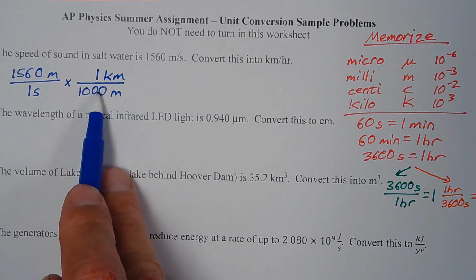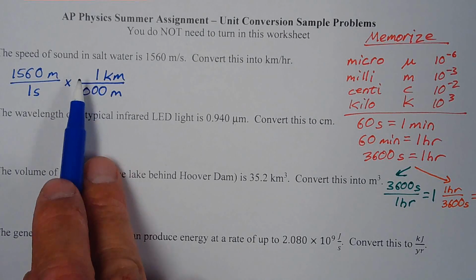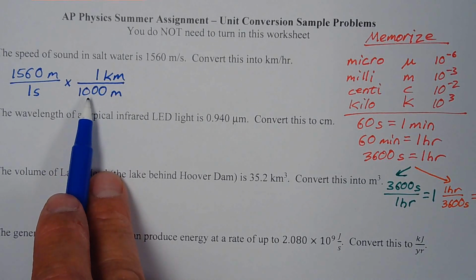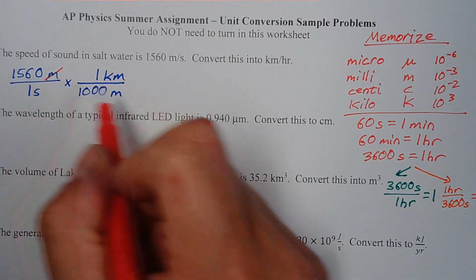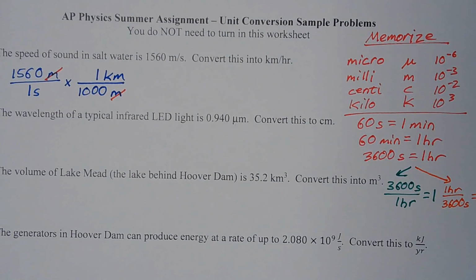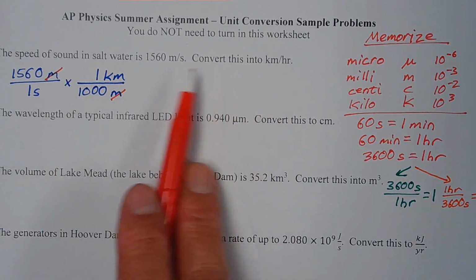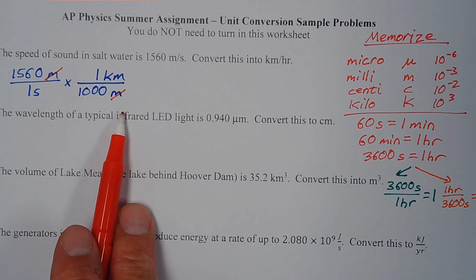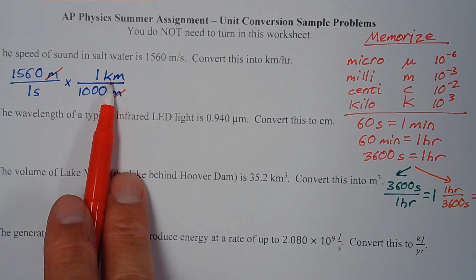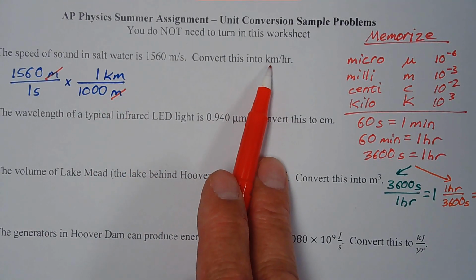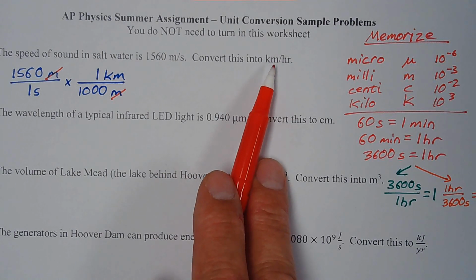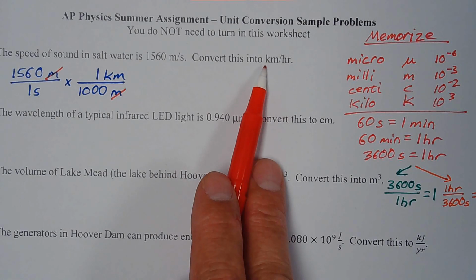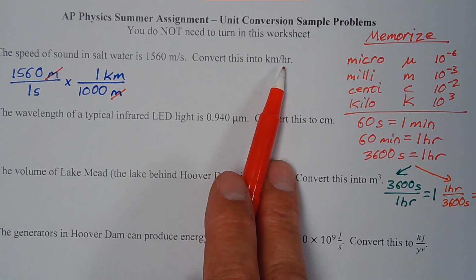Again, your conversion factors should have equivalent quantities on top and bottom. And when you do this, you can check that the units will in fact cancel out. The units we don't want in our answer, that is meters, cancel out. And we're left with units we do want, which is kilometers, and we're left with that unit in a position that we want, which is on the top of the fraction, right? We want kilometers on top, hours on the bottom.